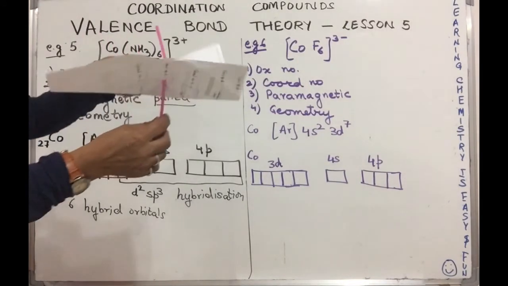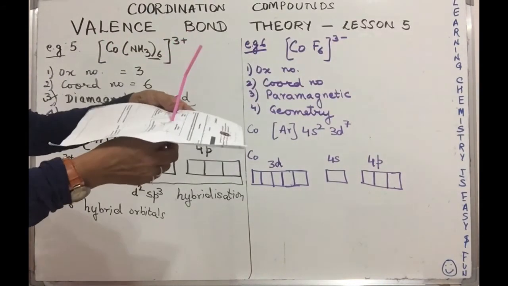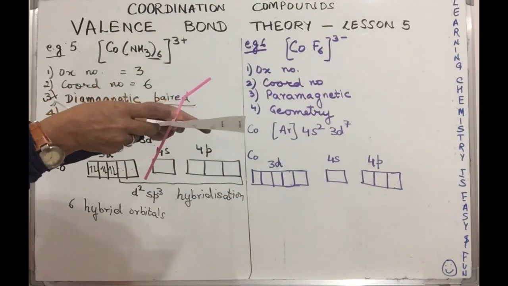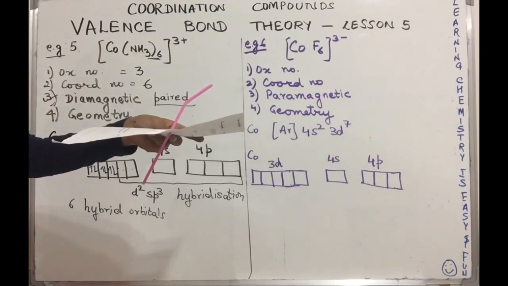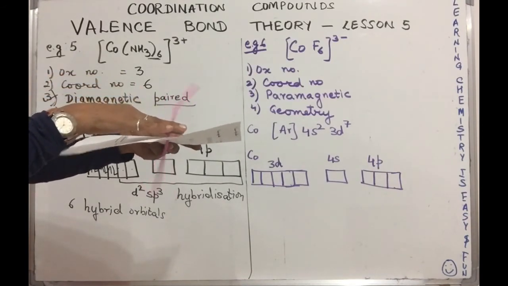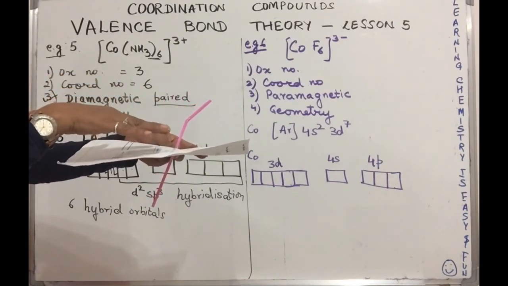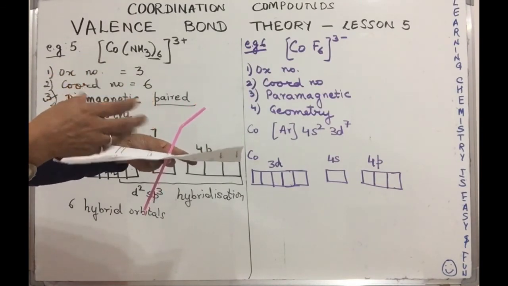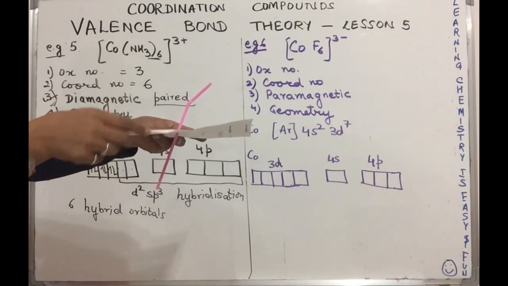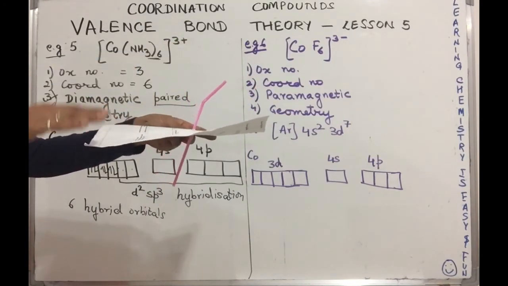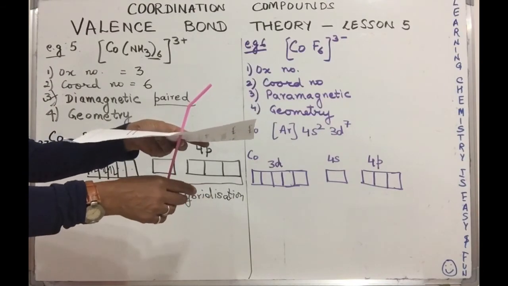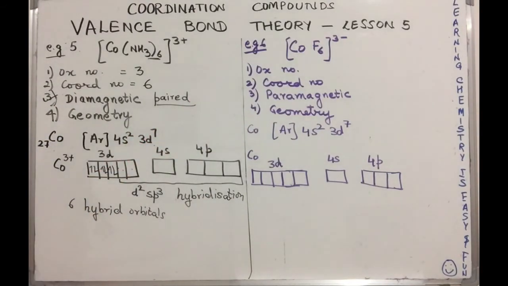This would be the geometry of this complex. It's not exactly the same, but this is the easiest way to represent it. I'm not asking you to make an octahedron with paper and all. This is the easiest way to understand. So 1, 2, 3, 4 in one plane, 5 and 6. All of them at a bond angle of 90 degrees.